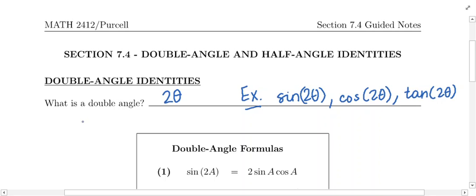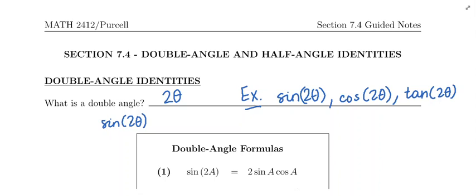If you see the sine of 2 theta, following the order of operations, you would take your theta value, your angle, and double it, multiplying it by 2. That's going to give you a new angle. And then once you have that new angle, you would be taking its sine.